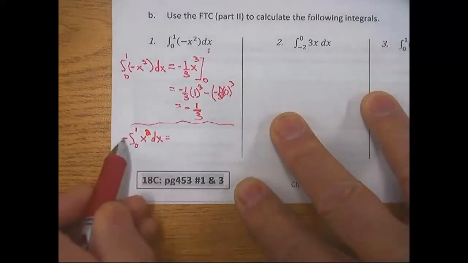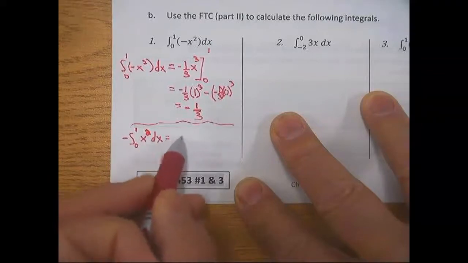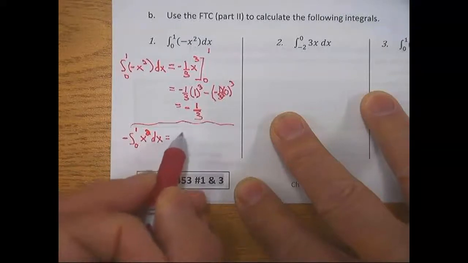Okay, so let's see. Let's do the antiderivative of x squared. You need that. The antiderivative of x squared is going to be 1/3 x cubed.